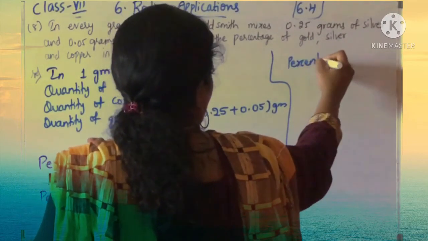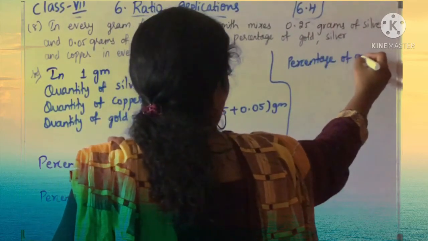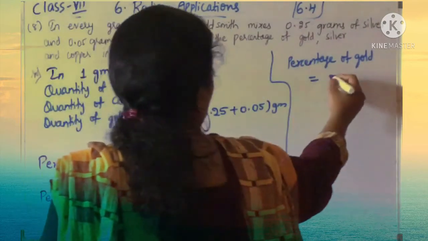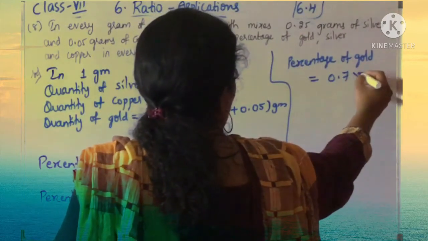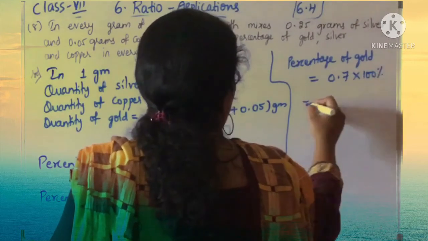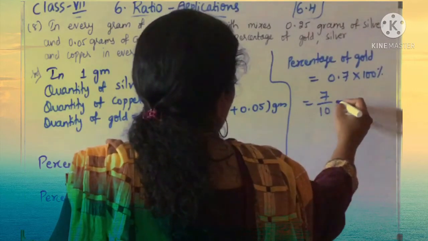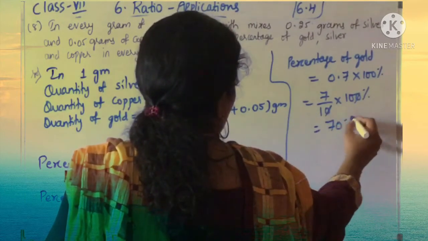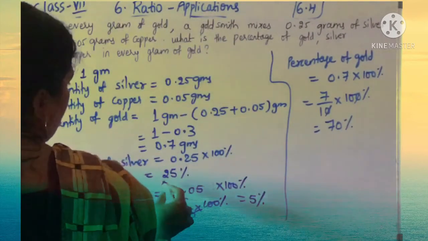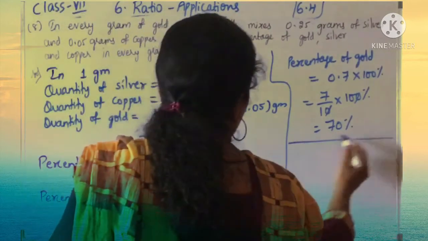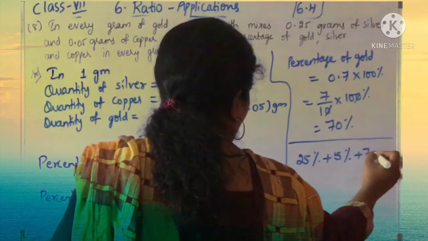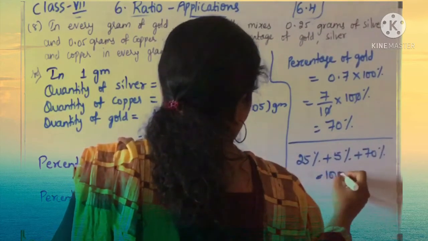How much gold do we have here? 0.7 into 100%. That is 7 by 10 into 100%. That is nothing but 70%. So when you add 25 and 5 plus 70, finally you will get 100.